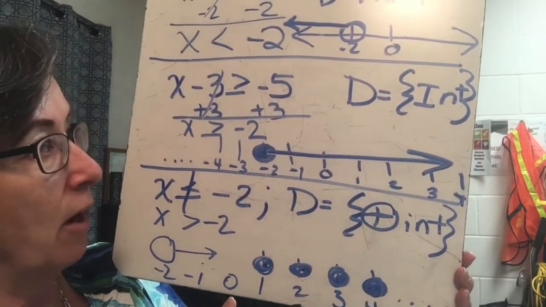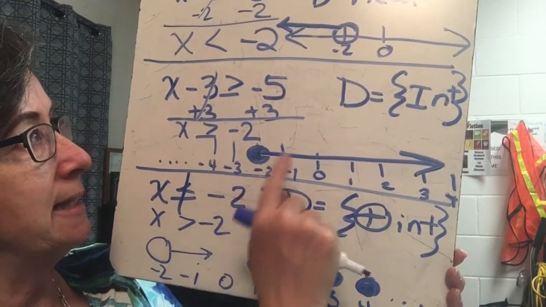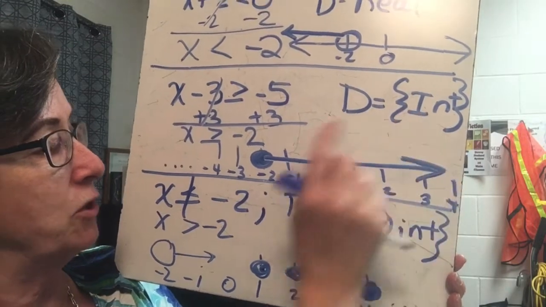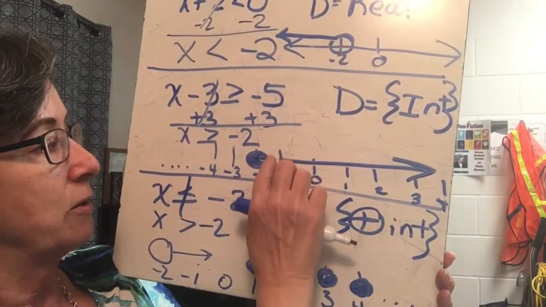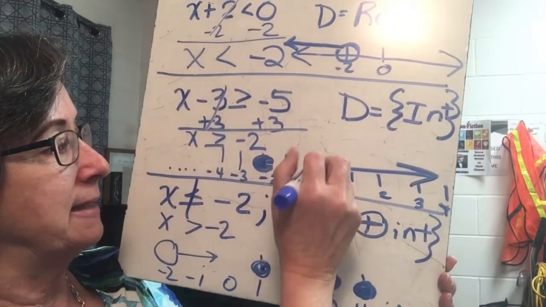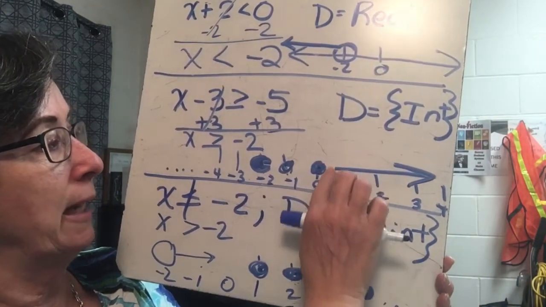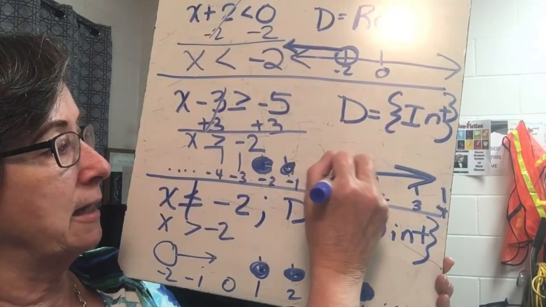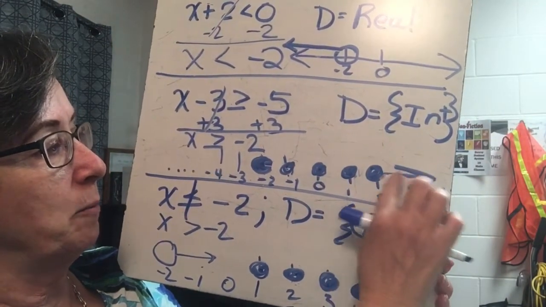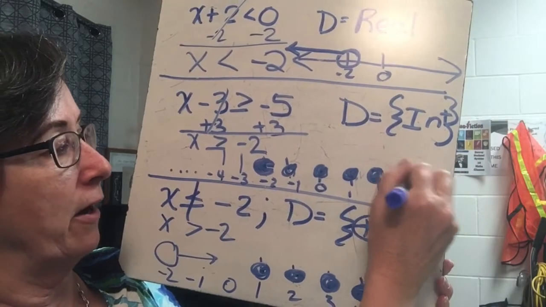Okay, so, oh, you know what? I see a mistake I did right here. Let's go backwards. That was integer values. So I can't do that because integers don't go in between. Glad I discovered that one. We can only mark the integer values there.